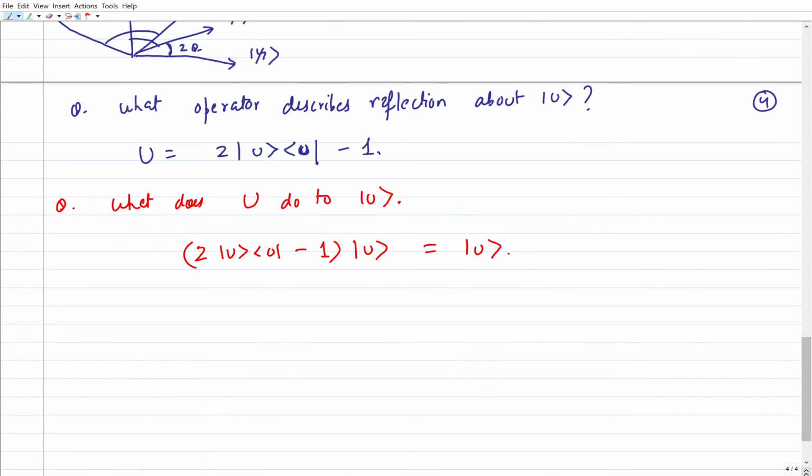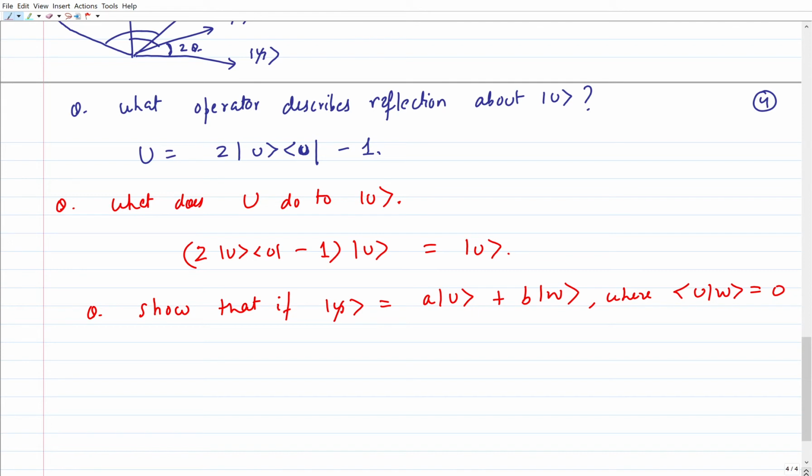Also, I'll just give you sort of a homework. Show that if there's a vector psi which I can express in components u and w, where u and w are orthogonal, then hitting psi with the operator is going to retain the u part as we have already shown, and it's going to flip the w part.